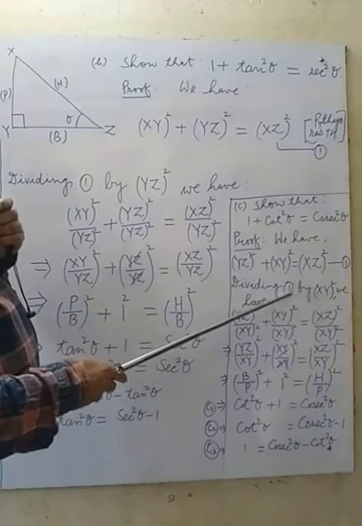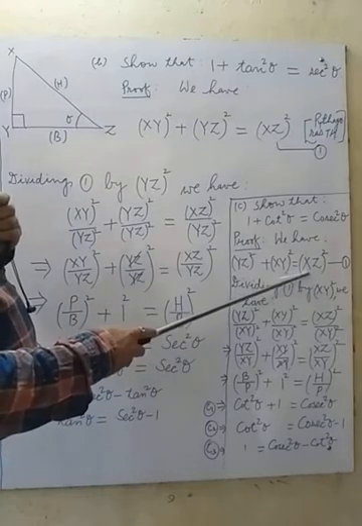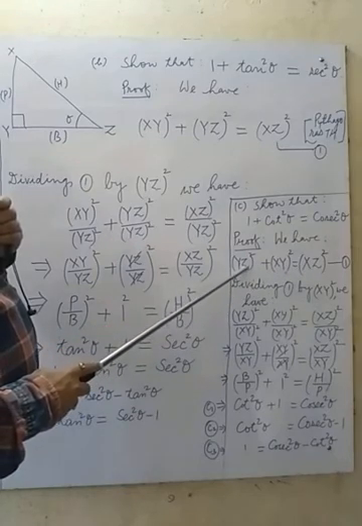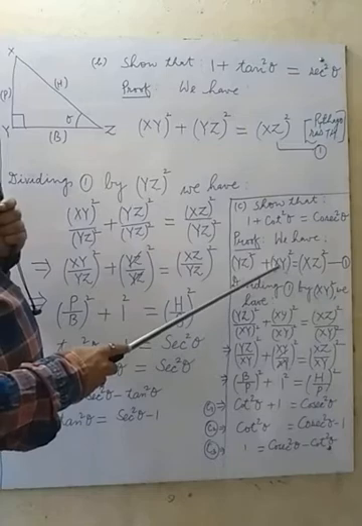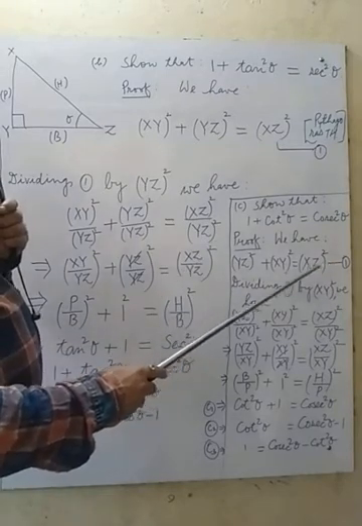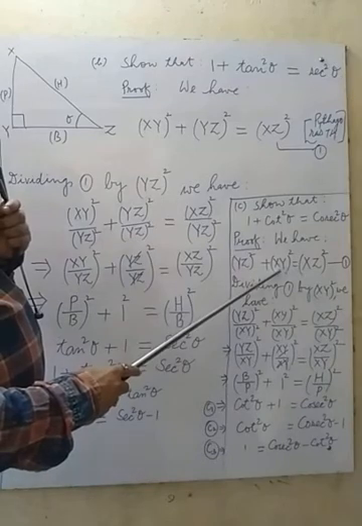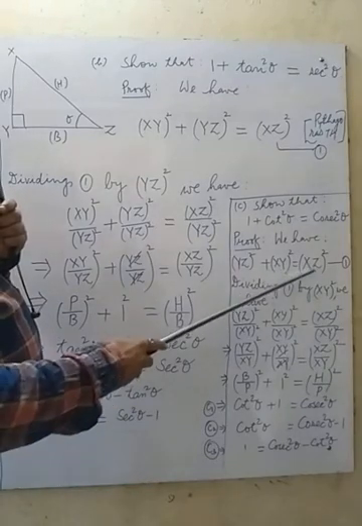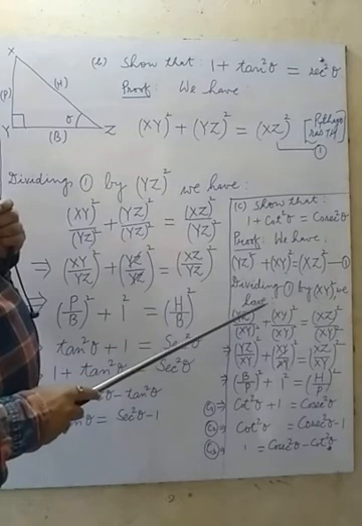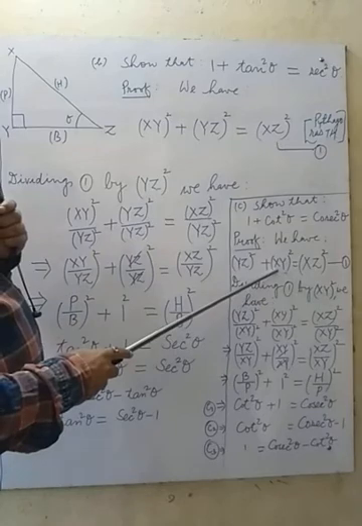Here it is remarkable: sometimes xz is taken, sometimes yz is taken. This time we have to take xy. We have to divide the same equation by the third quantity. Earlier we divided by two quantities. First one was xz whole square, second one was yz whole square. This one is the third stage, and this will be divided by xy whole square.